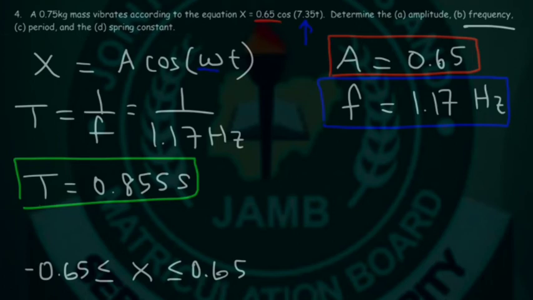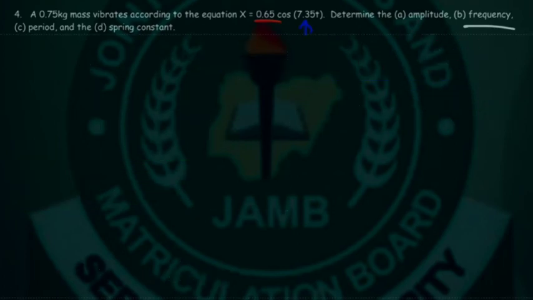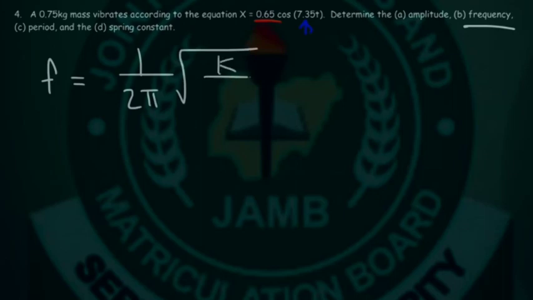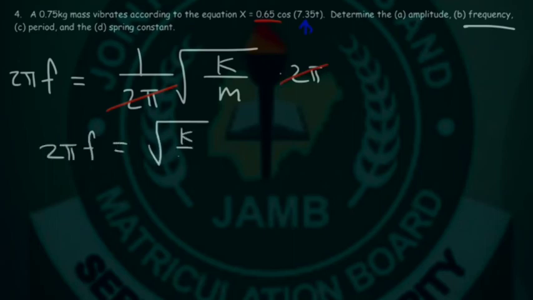So what formula can help us to do that? Well, we know that frequency is 1 over 2 pi times the square root of k over m. So the first thing I'm going to do is multiply both sides by 2 pi. So I can get rid of this. So on the left I have 2 pi f, and that's equal to the square root of k over m. Now I'm going to take the square of both sides to get rid of the radical on the right.